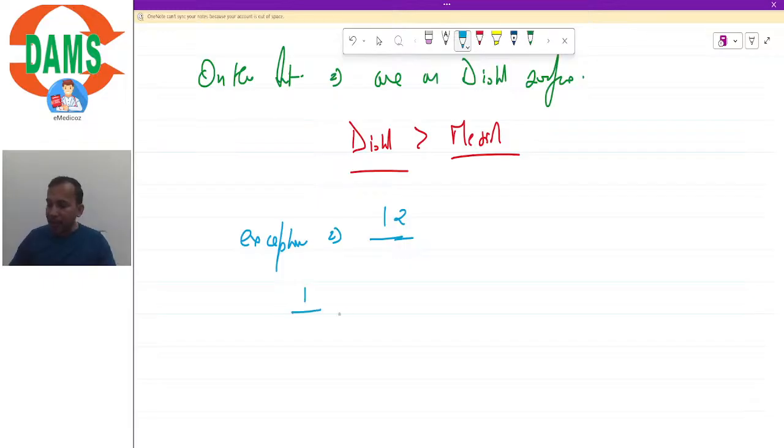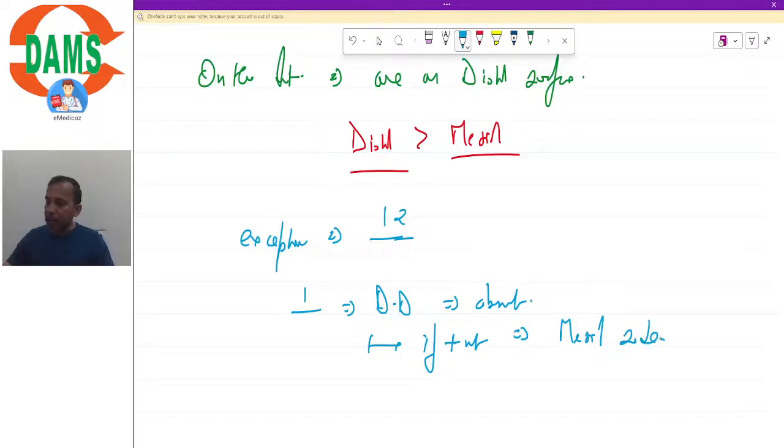In case of maxillary central, usually these developmental depressions are absent, right? Usually these are absent, but if they are present, they will be on the mesial side.